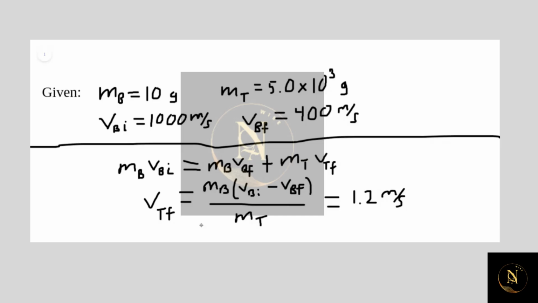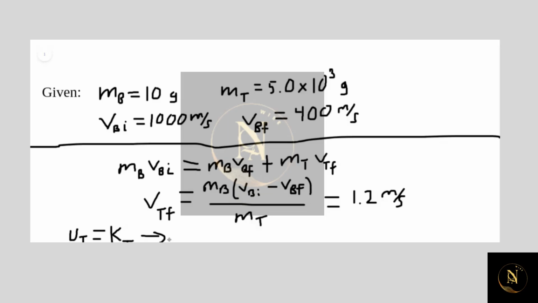Okay. Well, now that we know this, we can use energy conservation, which says that the initial energy of the target, we'll call that U sub t, is going to be equal to the final energy of the target. So the initial potential energy of the target is going to be equal to the final kinetic energy of the target, since we assume it's at rest initially and it's in motion in the end.